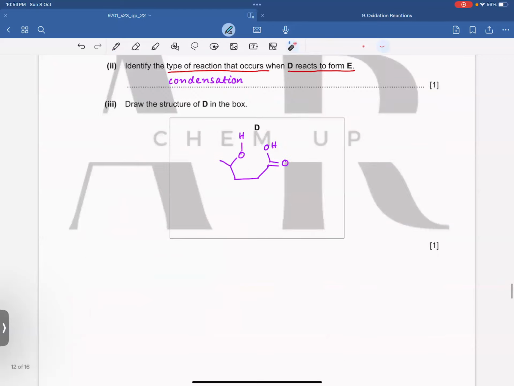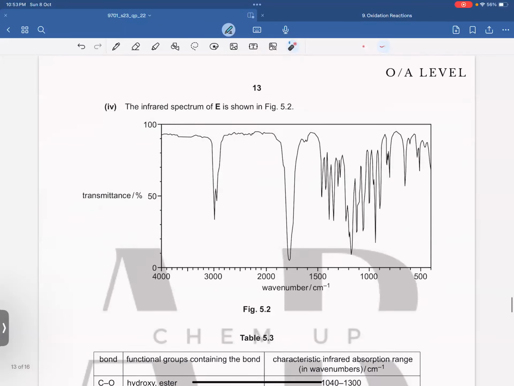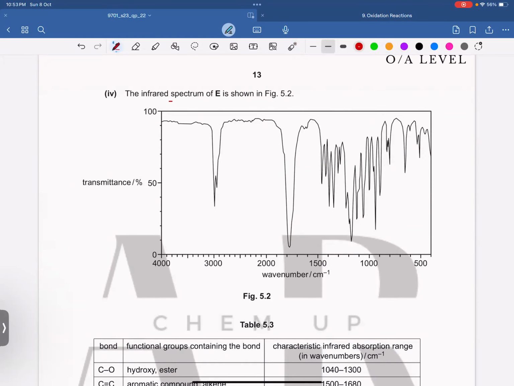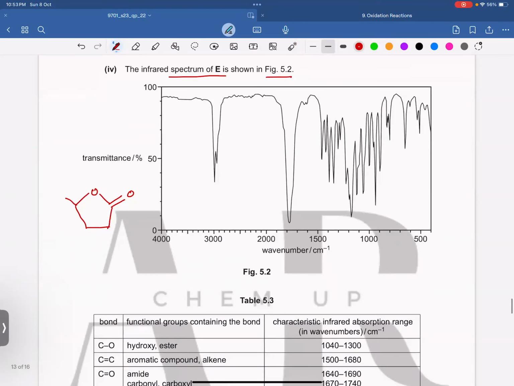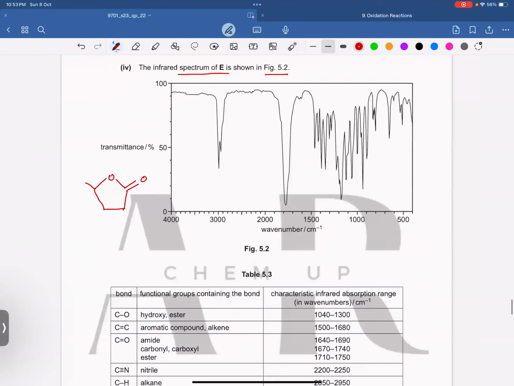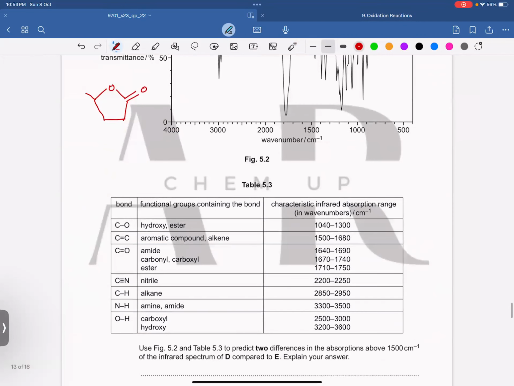Okay, great. Now, the last one. The infrared spectrum of E is shown in figure 5.2. Let me draw E over here. E is this thing. Okay, here we have the table. Use figure 5.2, which is over here, and table 5.3, which is over here.